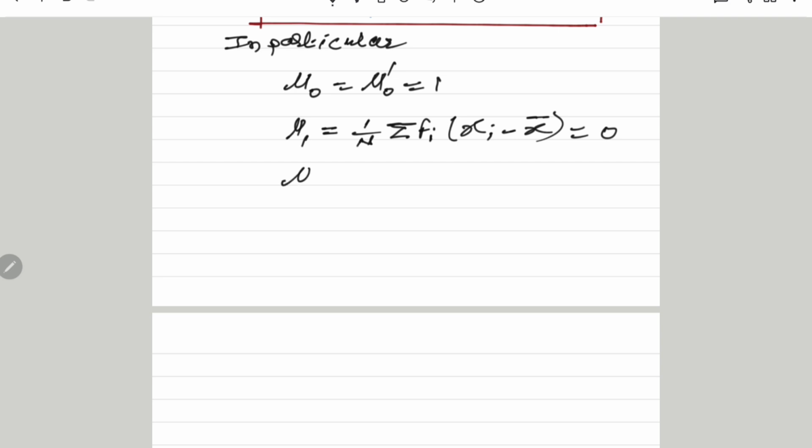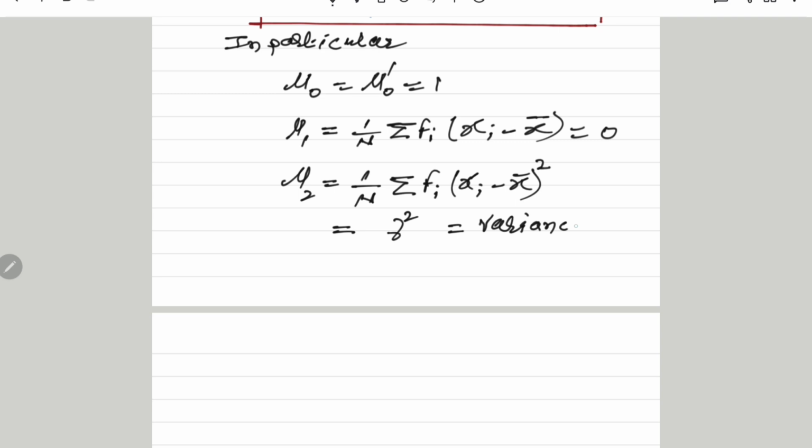Mu 1 is equal to 0, and mu 2, second moment, again about mean, is 1 by n summation of fi multiplied by (xi minus x bar) raised to 2, and this is nothing but sigma square, which we are calling a variance.